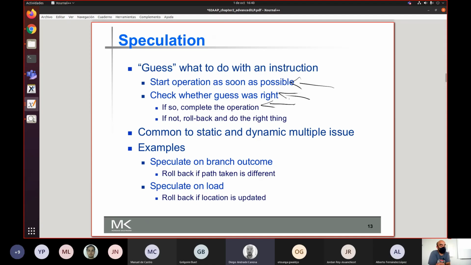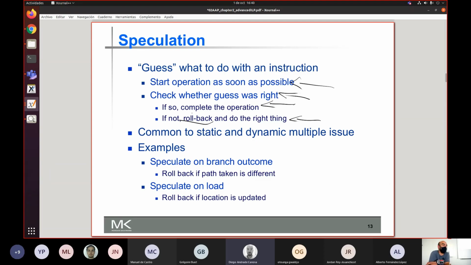If you were not right, then you have to roll back, to rewind the state of the processor to a previous stage, because the changes that you made to the state of the processor were not right, okay? Because you speculated, you failed in your prediction, whatever this prediction was, okay? And then you have to rewind the changes that you made to the processor.